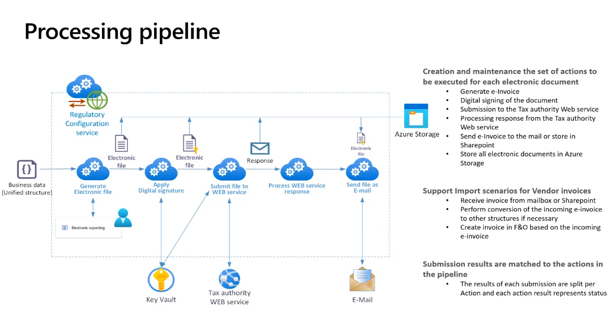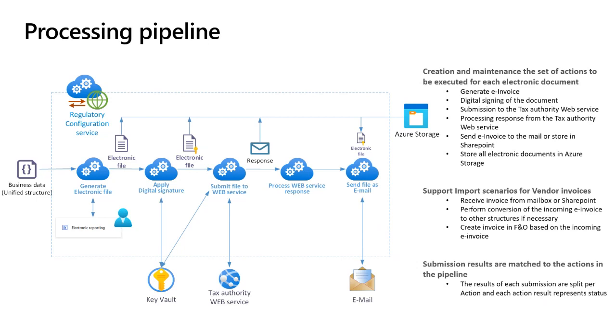Just to summarize the processing pipeline, this is the way you describe how the electronic invoicing service should work and what it should do with the incoming financial data. Besides that, all the submission results are returned back to the F&O client.